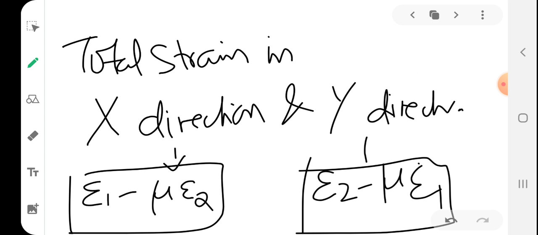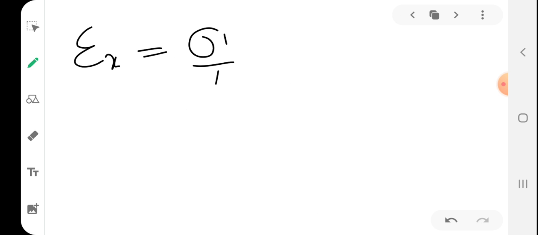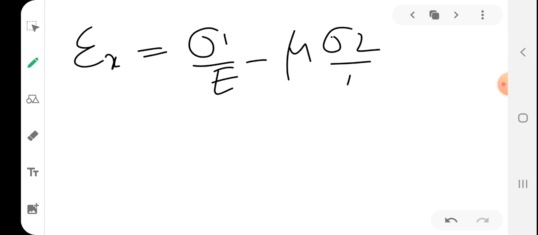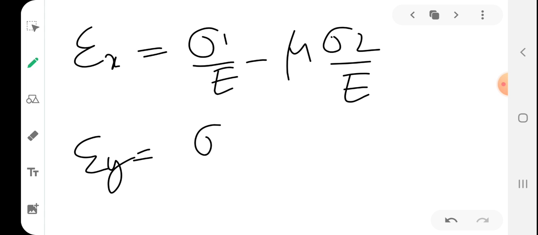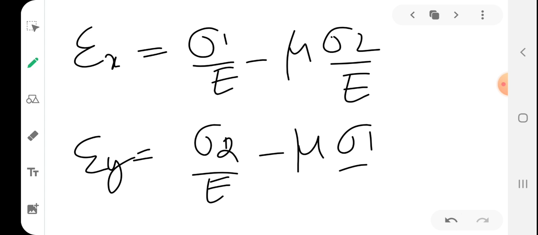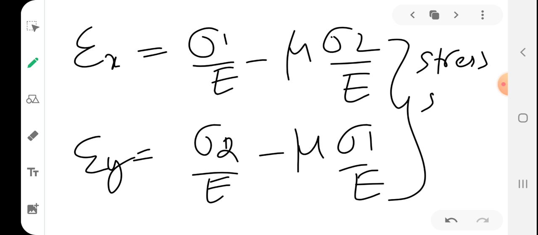Now substituting all these values, you can write total strain in the x direction, epsilon x, as sigma 1 by E minus mu sigma 2 by E. Similarly, epsilon y is sigma 2 by E minus mu sigma 1 by E. So this is the stress strain relationship in plane or 2D. This is how we write the stress strain relationship in 2D.